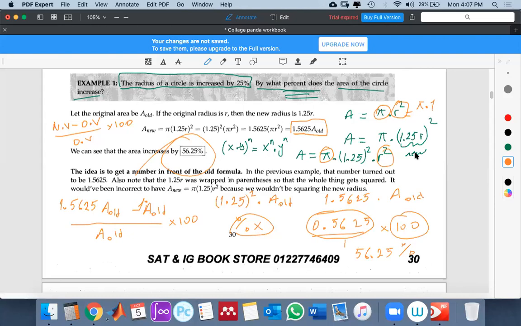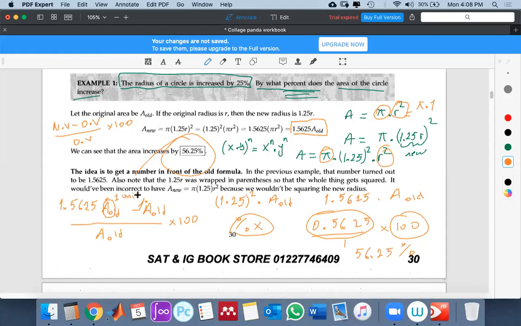Sir, from 1.5625, how did it become 0.5625? This one? Yes, sir. Calculation. Area old, let's say, is 1 unit.